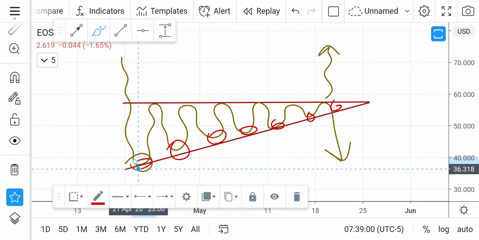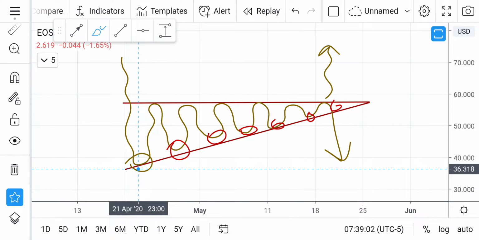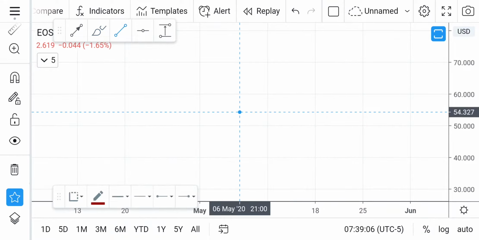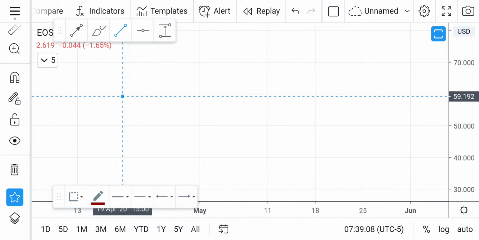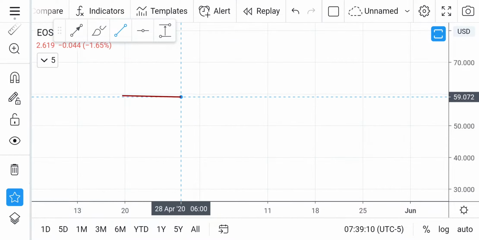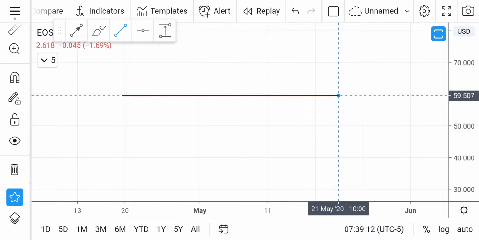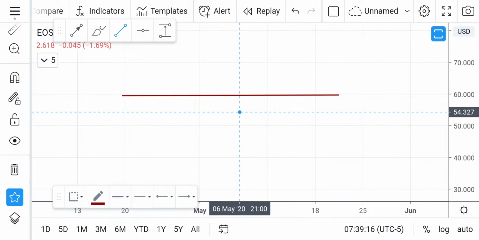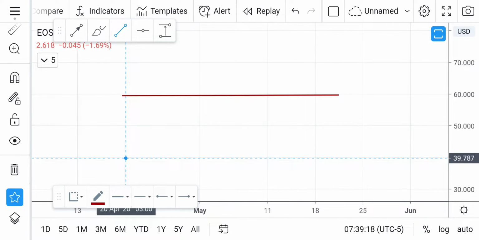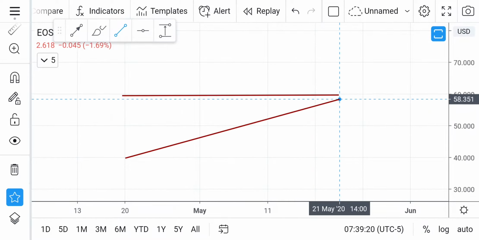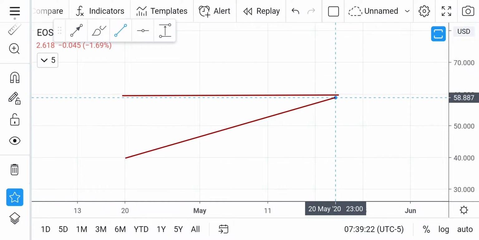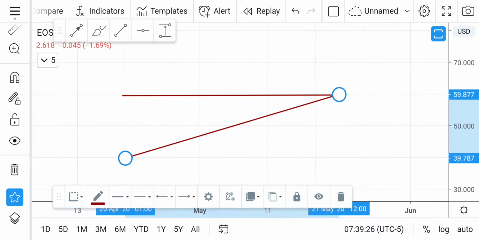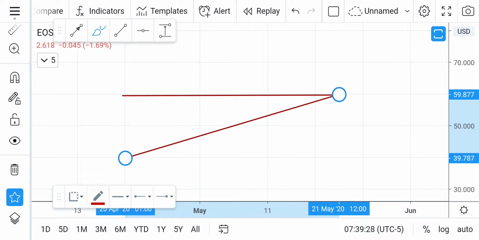Let me illustrate it one more time. I said for the ascending triangle, you have your resistance like this. Then what you have again is a trend line like this, that is going to be like a rising wedge, and the price is going to be moving through it.